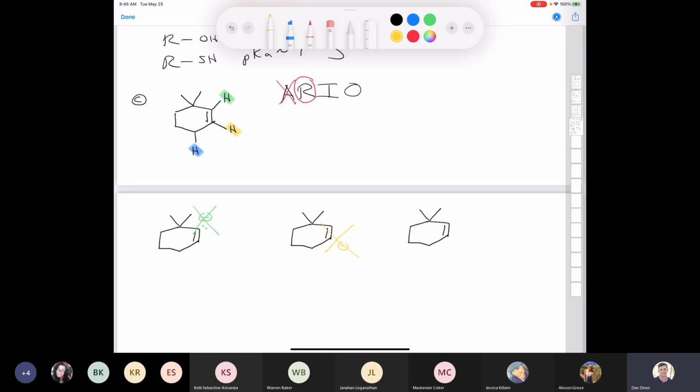If you rip off the proton in blue, you end up with this, and you can draw a beautiful resonance structure for this, right? You end up with a resonance stabilized negative charge or carbanion. And there you go. Now you can draw this resonance structure where you have the double bond here, you have the lone pair over here.